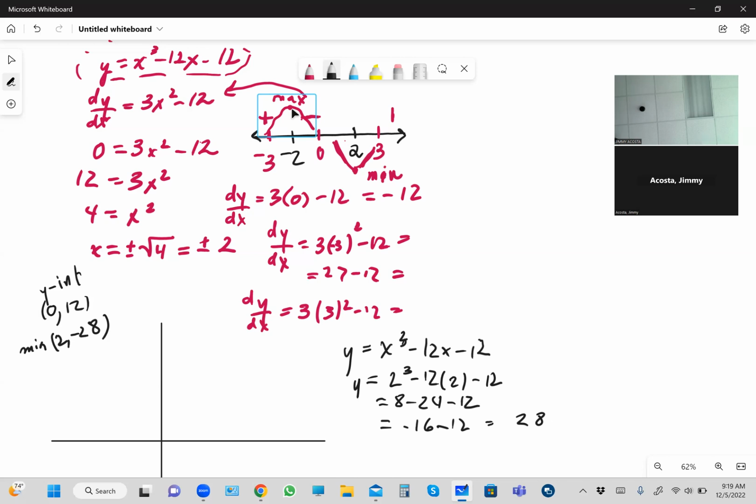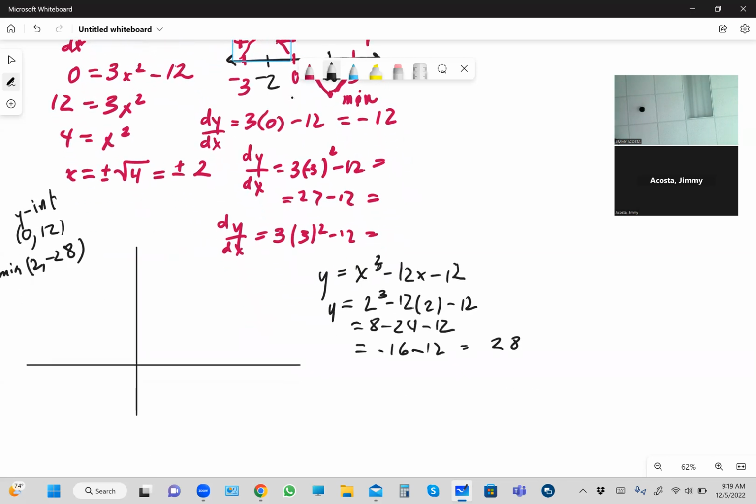All right, let's continue with the question because we're getting closer and closer to being able to graph. So now we're going to substitute -2. y equals -2 to the third minus 12 times -2 minus 12. Then we have y equals -8 plus 24 minus 12.